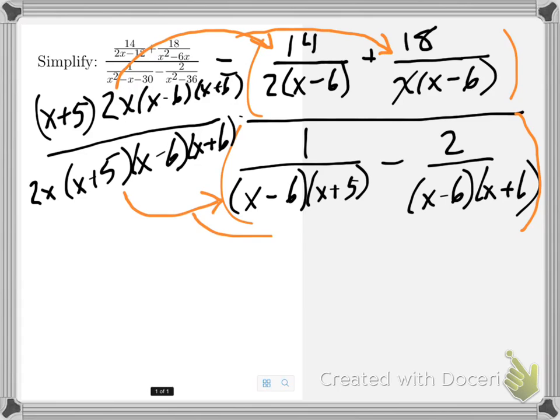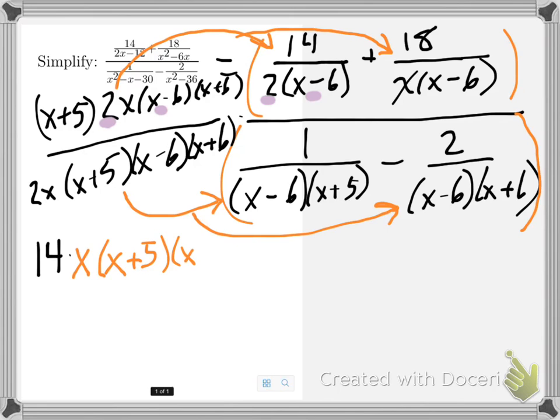Then when I distribute to all 4 of those fractions, what happens is when those 5 factors hit the first fraction, the 14 over 2 times x minus 6, it's the 2 and the x minus 6 that are going to schwack, leaving the 14 that I had originally in the little numerator. But then what else? What else amongst those 5 factors is there? Well, there's the x plus 5, and the x plus 6.